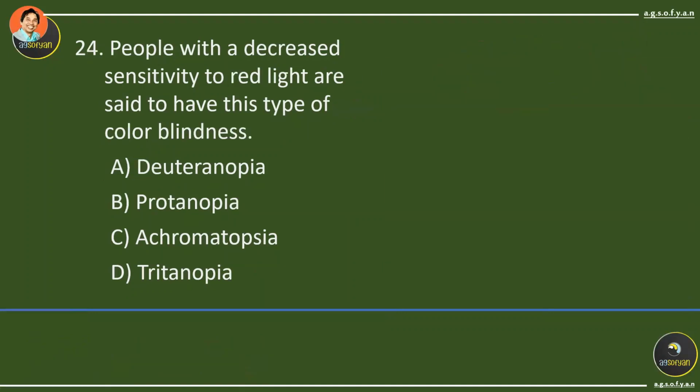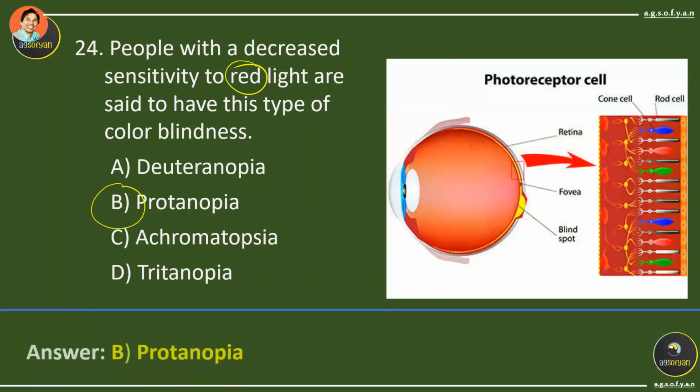Now, how about for the red color blindness? The terminology is called protanopia. So protanopia is the terminology for people with red color blindness.